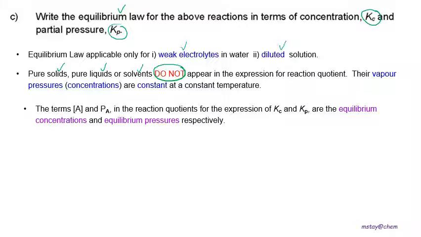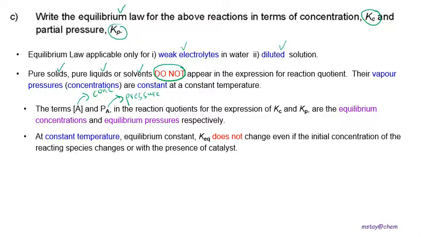The term [A] refers to concentration, while PA refers to pressure. At constant temperature, the equilibrium constant does not change.